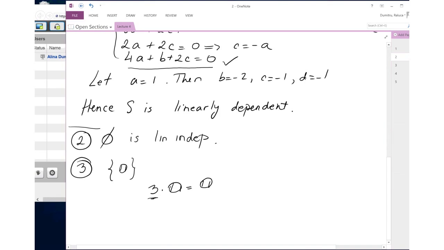So vectors from my set equal to the 0 vector. Therefore, my set is independent.